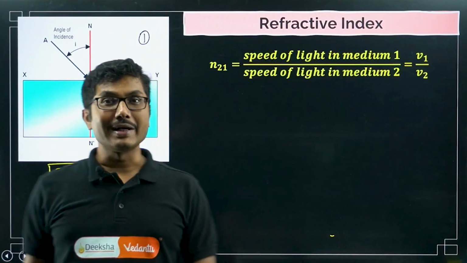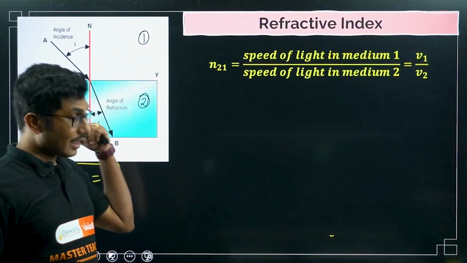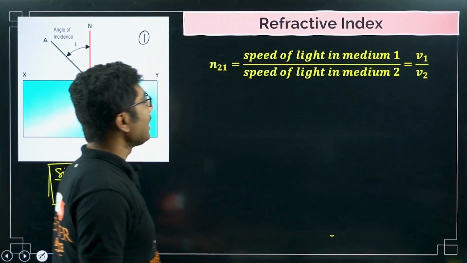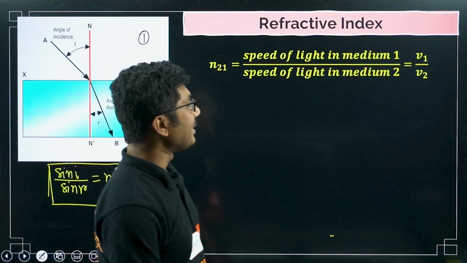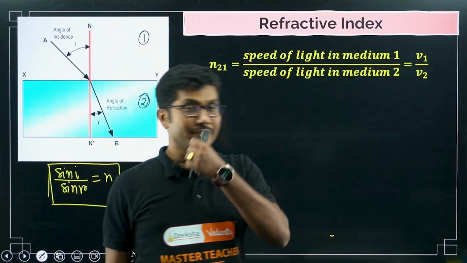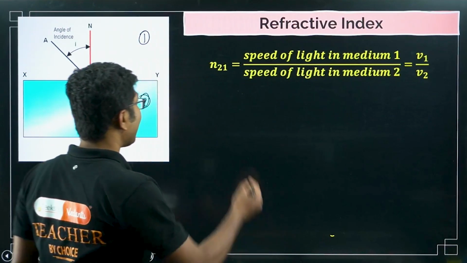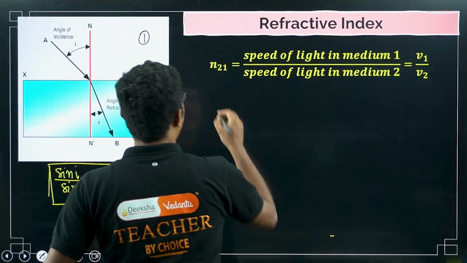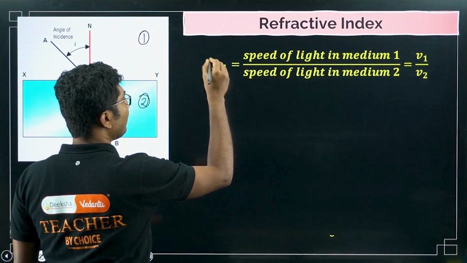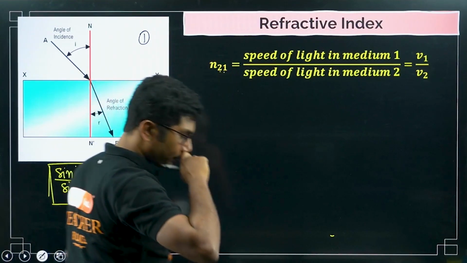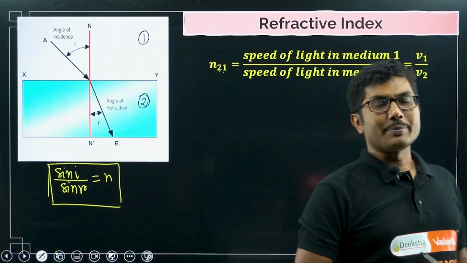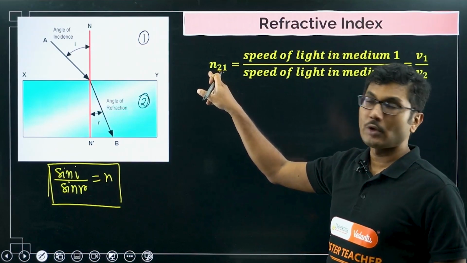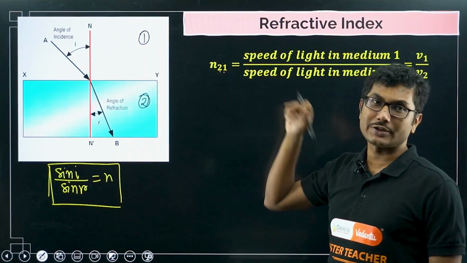Refractive index for a given pair of media is given by the speed of light in medium 1 divided by the speed of light in medium 2, equals v1 by v2. What is the meaning of n21? n21 represents the refractive index of the second medium with respect to the first medium.